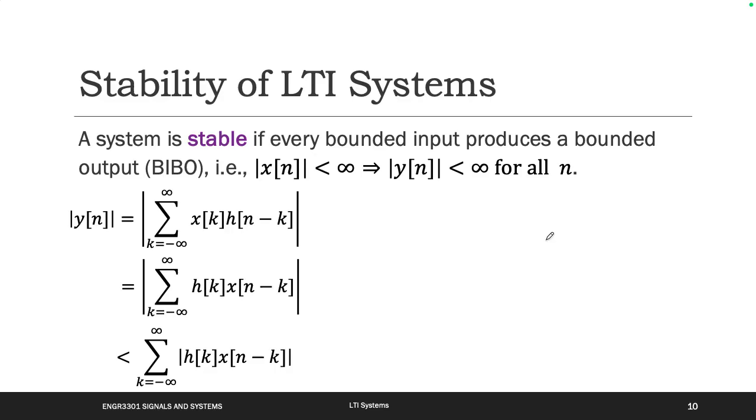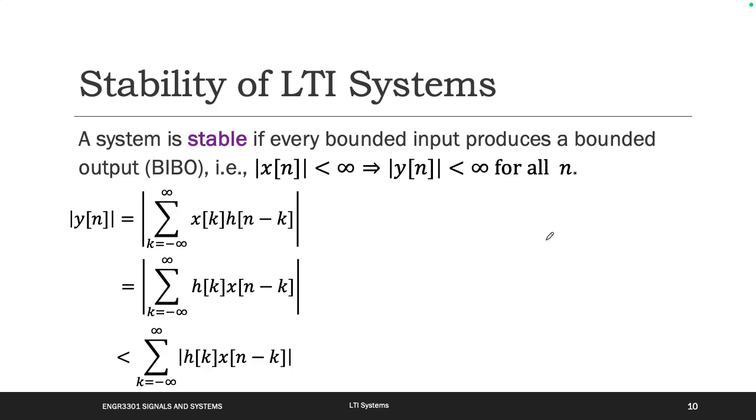For example, this is the absolute value of negative 2 plus negative 1 plus 1 plus 0 plus 2 plus 3. And it is smaller than the absolute value of negative 2 plus the absolute value of negative 1 plus 0 plus 1 plus and so on.